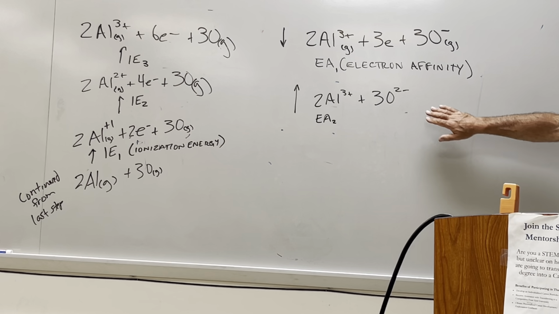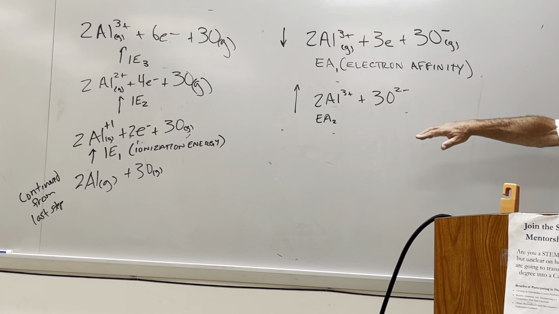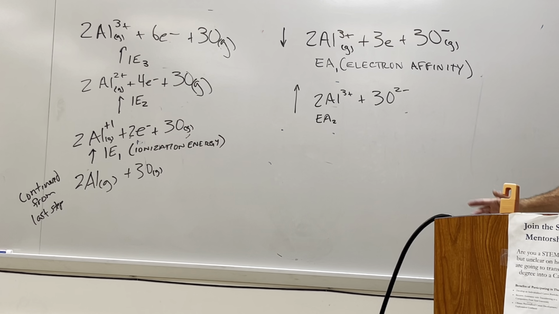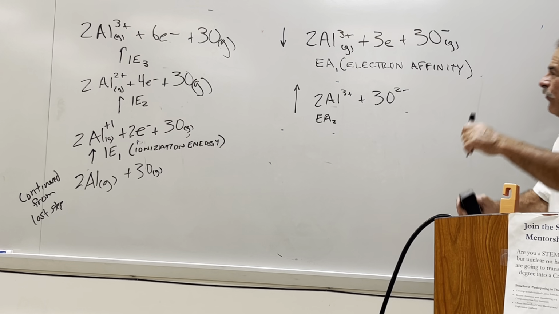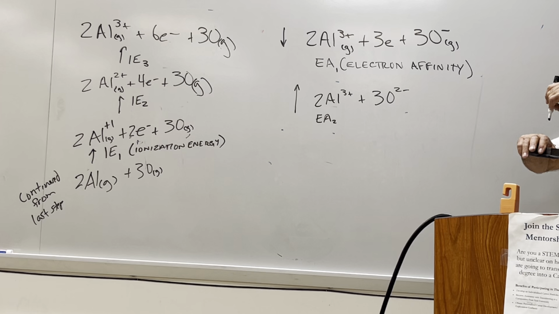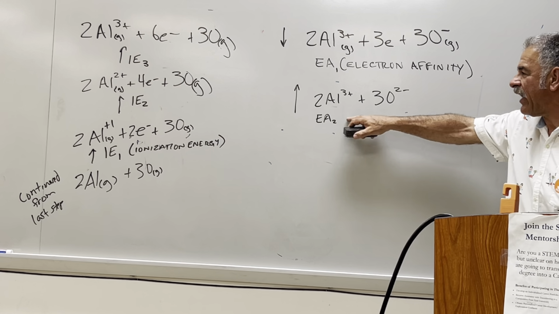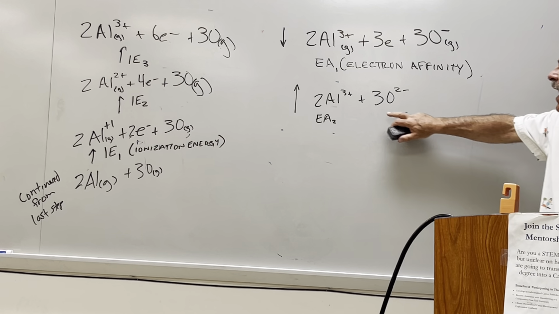And all these numbers are going to be in a table that you pull out, but you'll have to know which one goes with which. So EA2 is positive. The first one adds the electron very easily, drops to a lower state, but to add the second electron costs us energy. So we go back up.